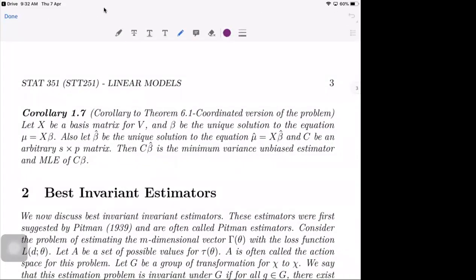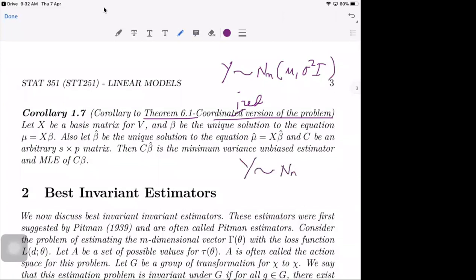So as a corollary to that, if we look at the coordinatized version of the model, if we have the original Y, which is normally distributed with mean mu and variance sigma squared I, the coordinatized version will be N(X beta, sigma squared I), no?